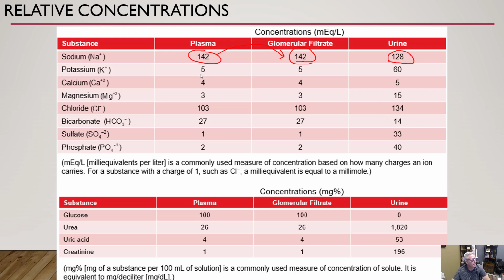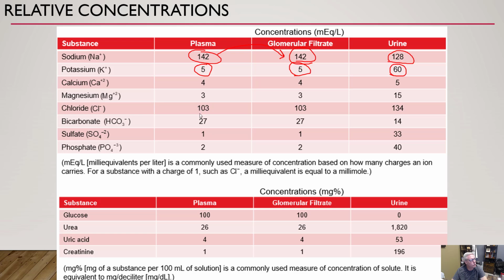Here you can see that potassium is 5 milliequivalents, 5 milliequivalents. So all of your potassium is going to get filtered out. But you can see that your urine contains a lot more potassium. So for potassium, you can say that there's a lot more potassium that's going to be secreted as that secondary peritubular capillary moves along the nephron.